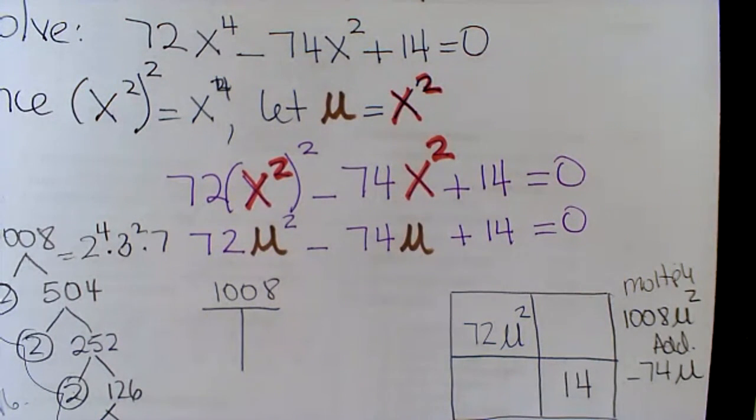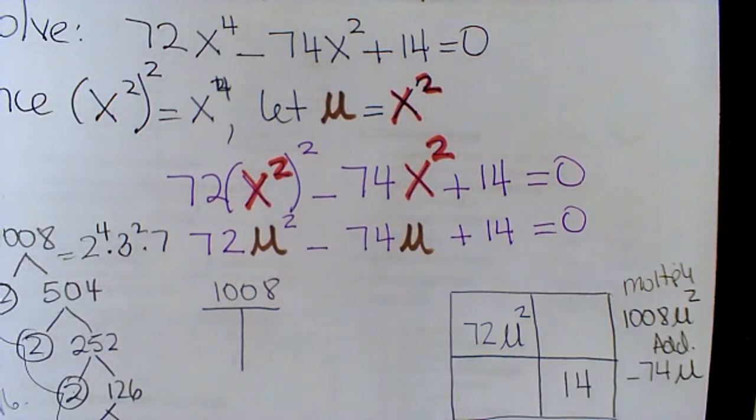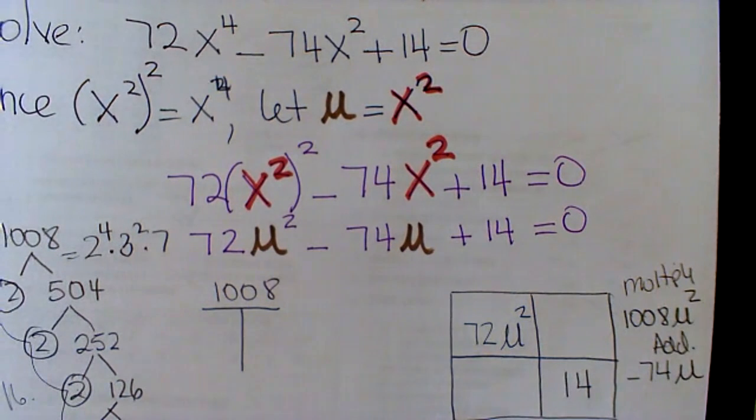So I thought I got no. What did you get? 56 and 18. And when you add them, 74.